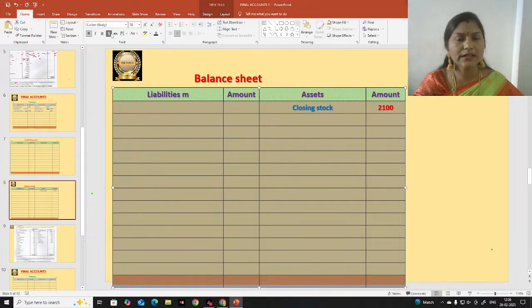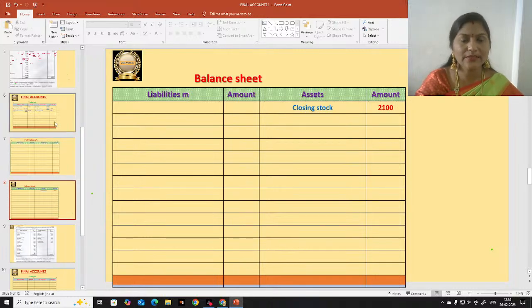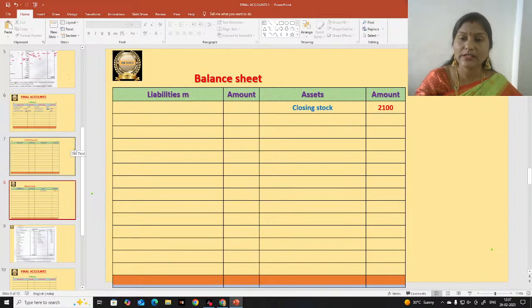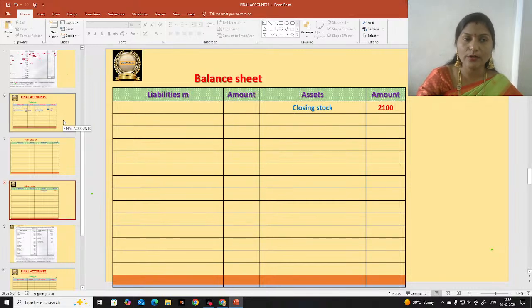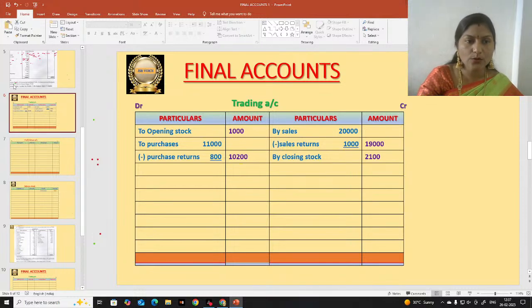Closing stock is an adjustment which appears first in the trading account and second in the balance sheet. All adjustments appear the second time in the balance sheet only. So the second time we recorded in the balance sheet under assets, closing stock 2,100. So let us go to the next item now. This is the trading account that we prepared.